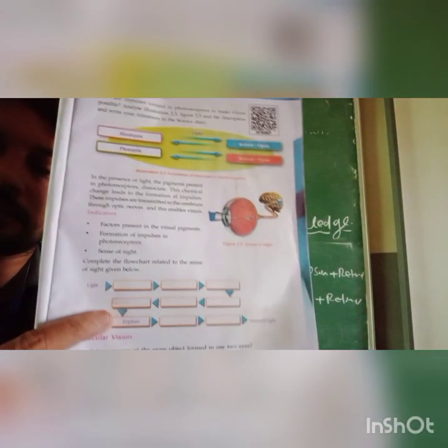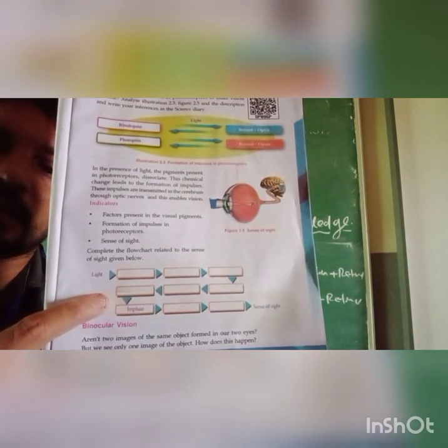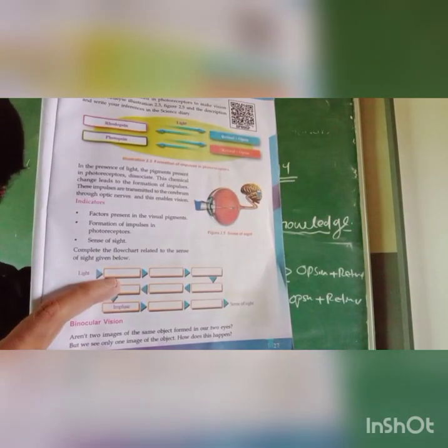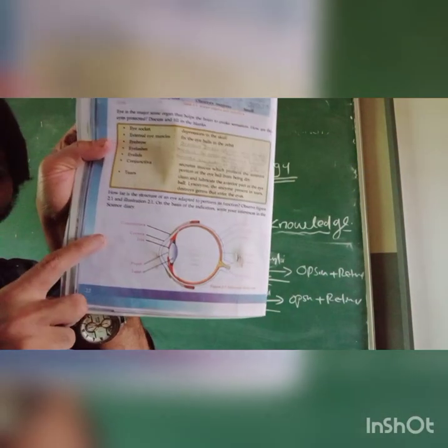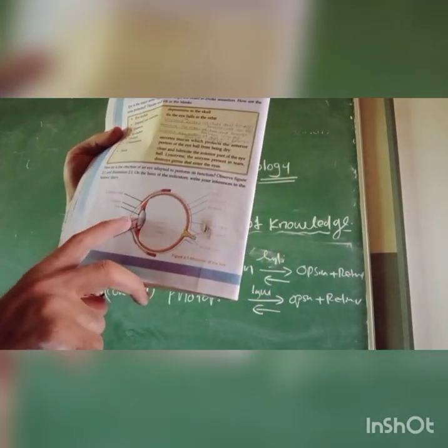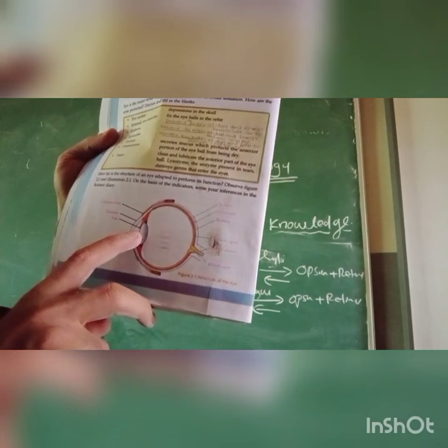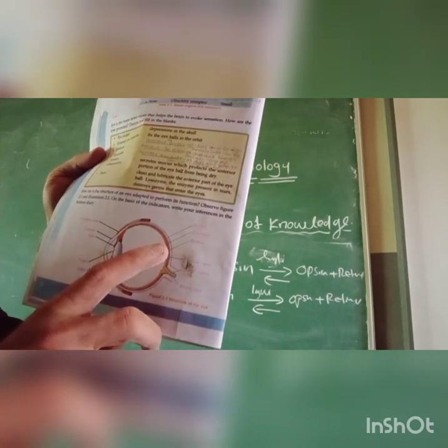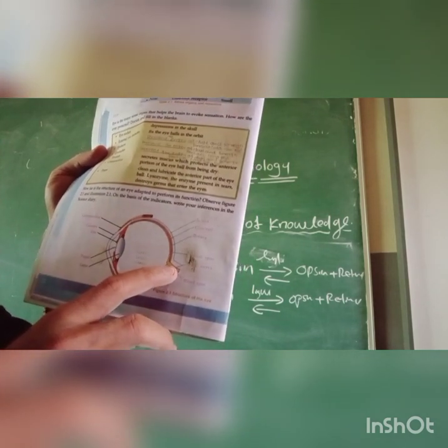Next, this is the flow chart I already told you in the last class. Look, when light falls, next what? Cornea. By looking at this, you can complete it: light, cornea, aqueous humor, pupil, lens, vitreous humor, retina, impulse, optic nerve, sense of sight.